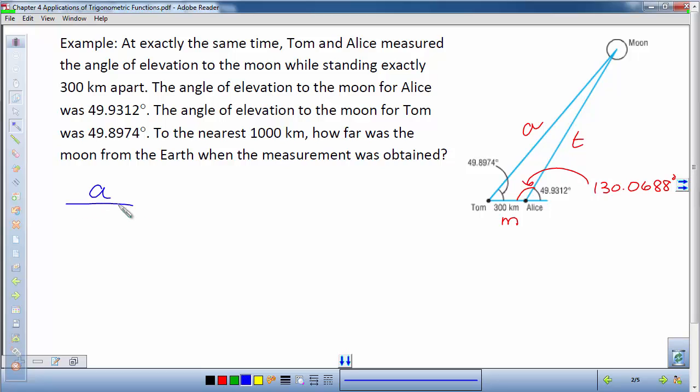So we get A over what? A is going to be over sine of what's the measure? 130.0688 degrees is equal to, we need to find one more thing. What else do we need to find so that we can solve this? I've got a side over sine of an angle is equal to what?